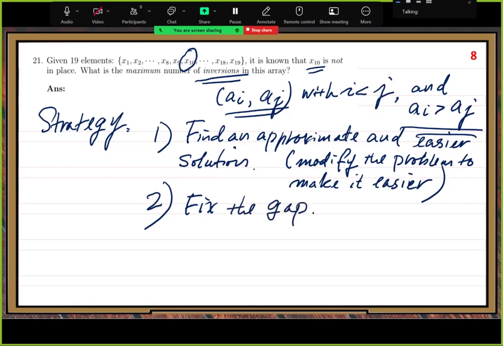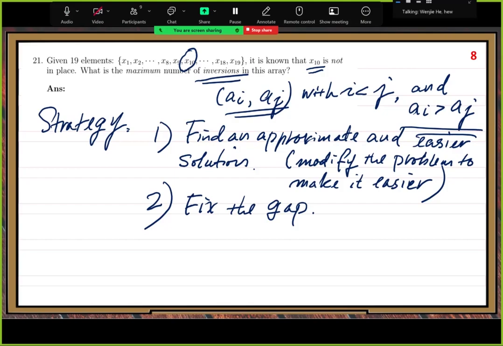We hope that the gap is small. If it's small, then it's not hard to fix. If the gap is large, then it's hard to fix. So we want to make our approximation as close to the final solution as possible.